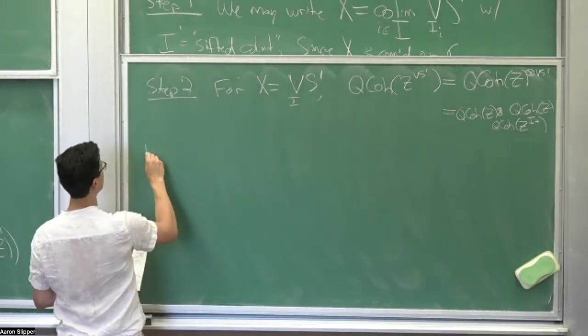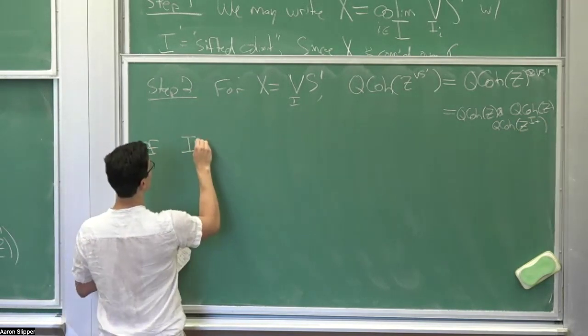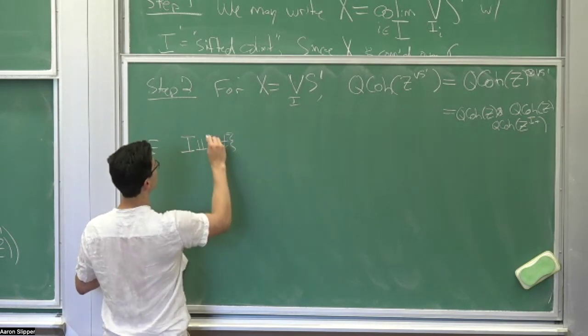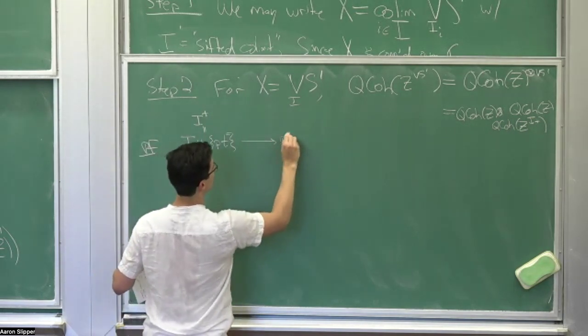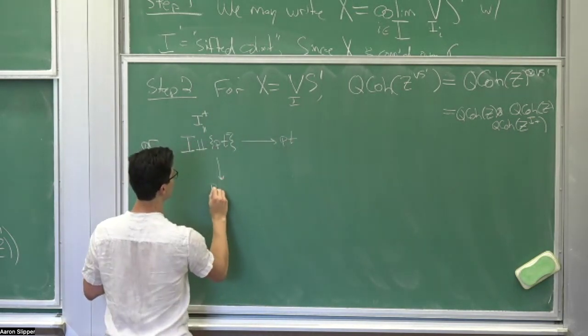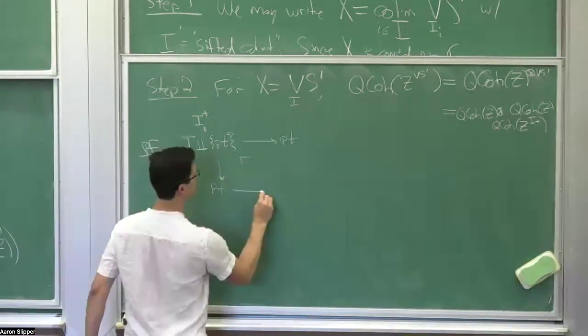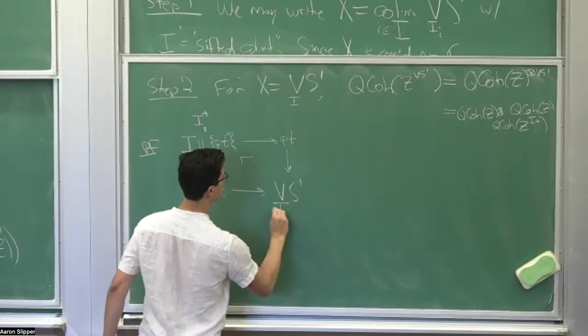You have the diagram I union base point, which I call I plus. You map the point in both ways, and if you take the homotopy pushout, you get wedge S1 many times.